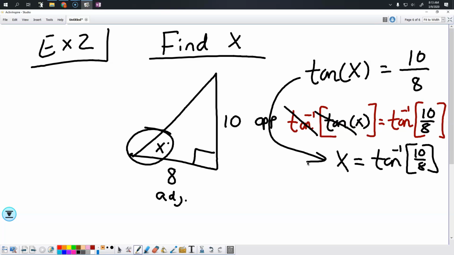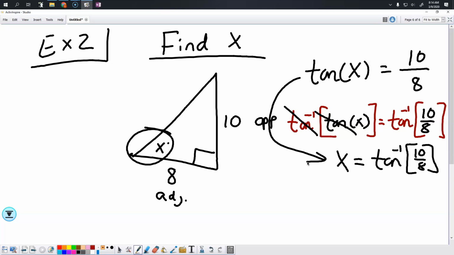So for those of you with cell phones, follow my lead. Ready? Do 10 divided by 8 first and push equals. And what are we getting? 1.25. Okay. Now push second and then pick the arctan button there. And you should have your answer.